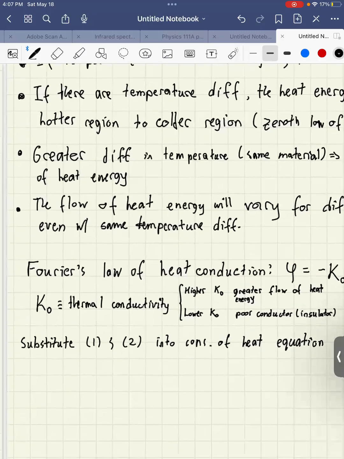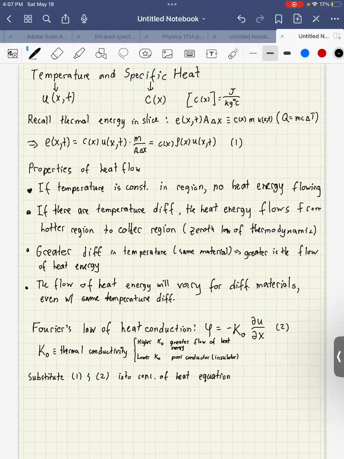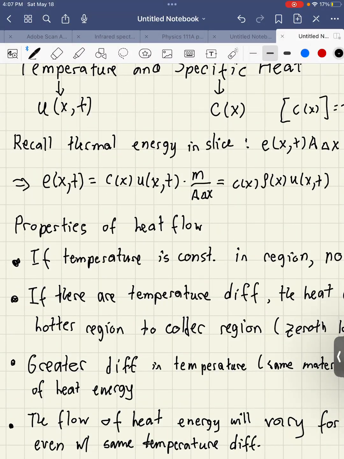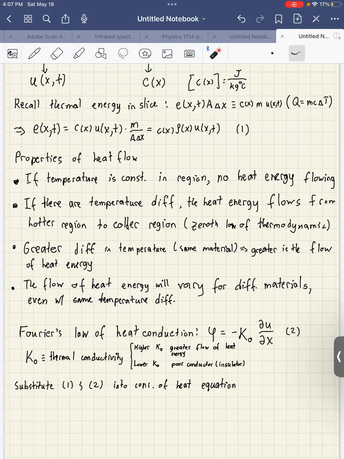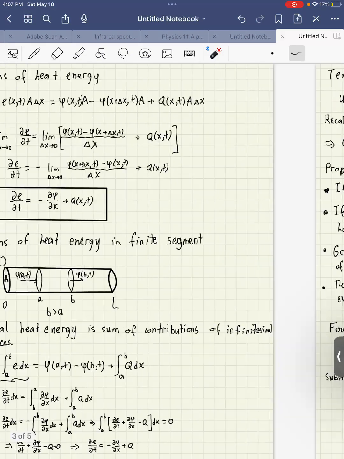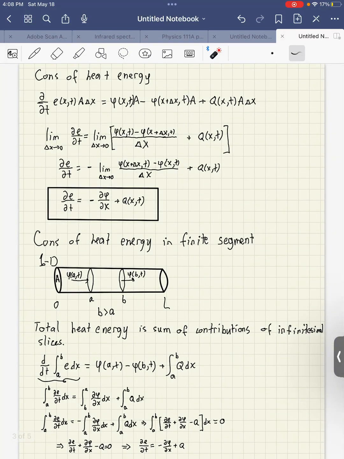Our thermal energy density is defined as the specific heat times the mass density times our temperature, and the heat flux is given by this equation, and we can substitute into our heat equation.